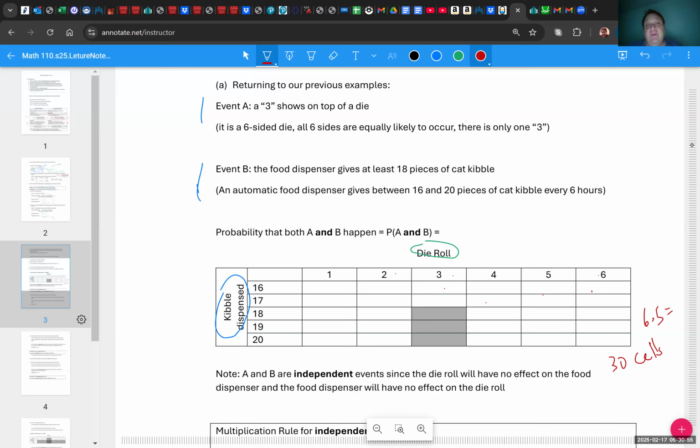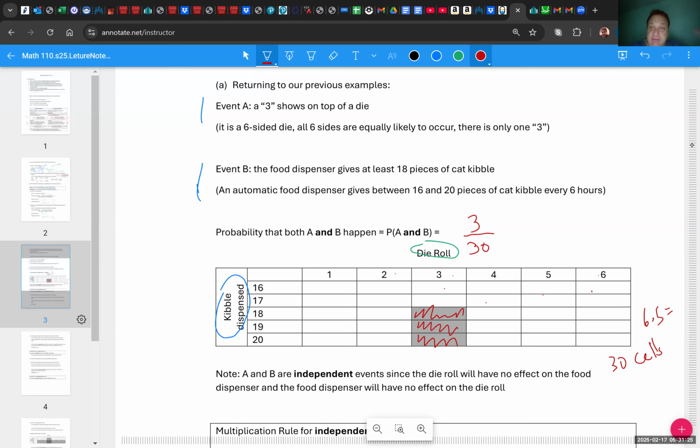So how many of those are both A and B? Well, that's what I've shaded in here. This is a 3 and at least 18. Otherwise it's either not 3 or not 18, 19, or 20. All the other ones, at least one of them is not true. So there are 3 things that match A and B out of a total of 30 different things that could happen.